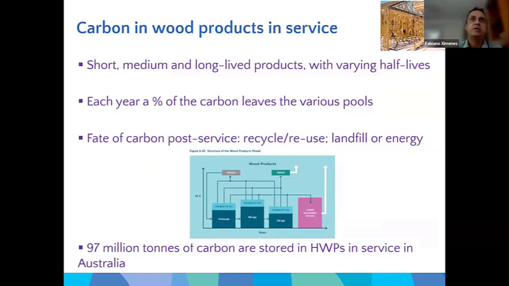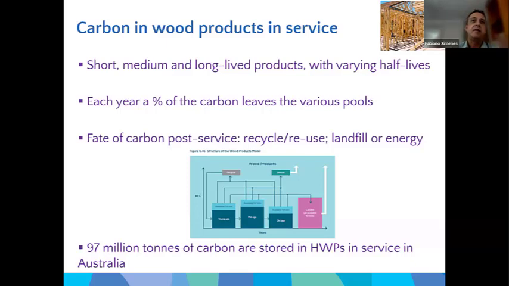And then long-lived products, as an example, wall and truss frames, with each one having different half-lives, which basically means that at any given time, there will be a proportion of those products that will be leaving the pool, and then a proportion that will be coming into the pool from that year's production.